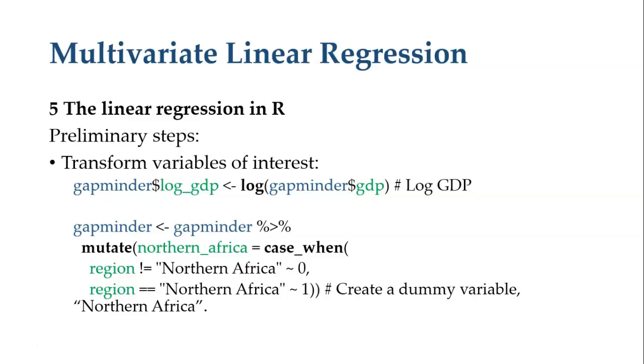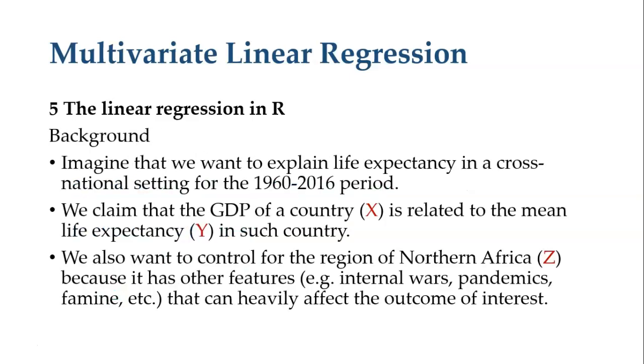And the other variable that we're going to create is the region Northern Africa. So basically, we create this dummy variable, Northern Africa, if a country belongs to that region. What is the background?